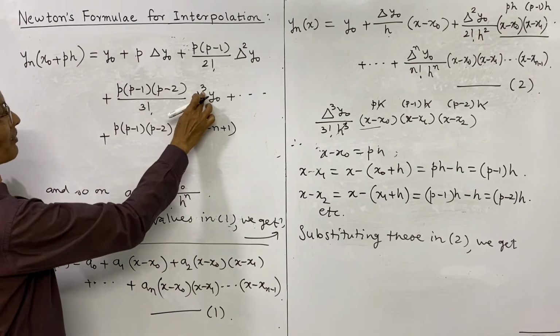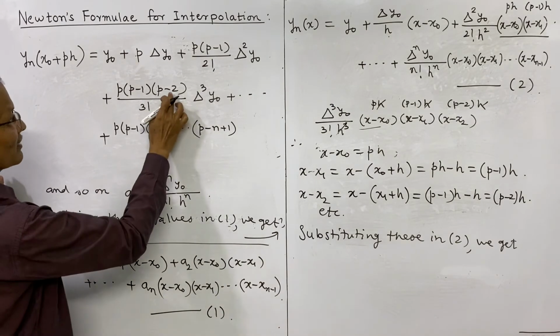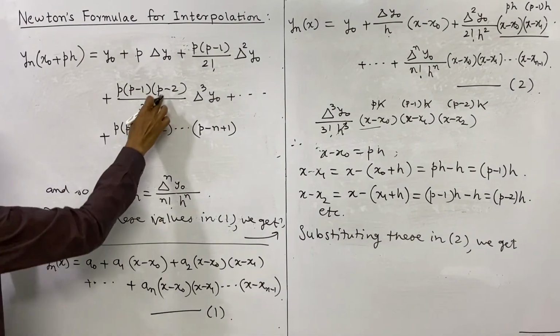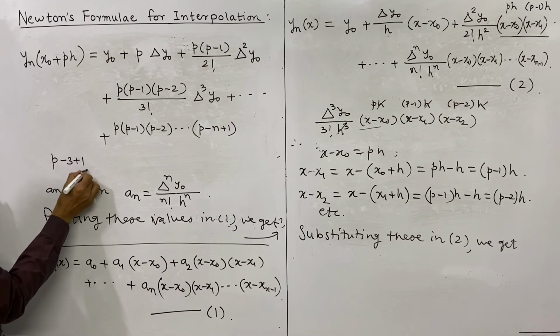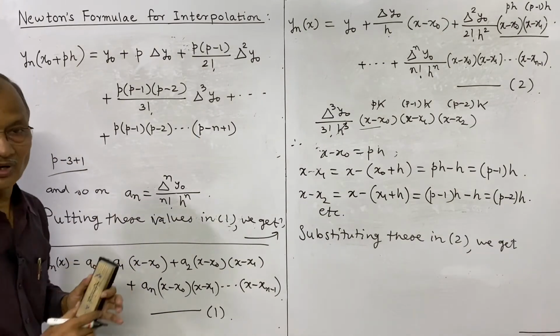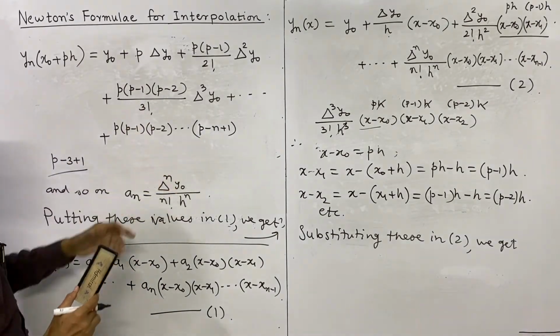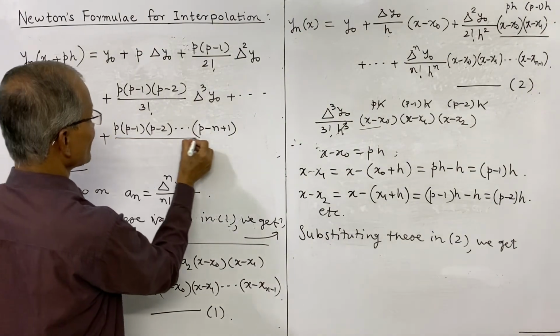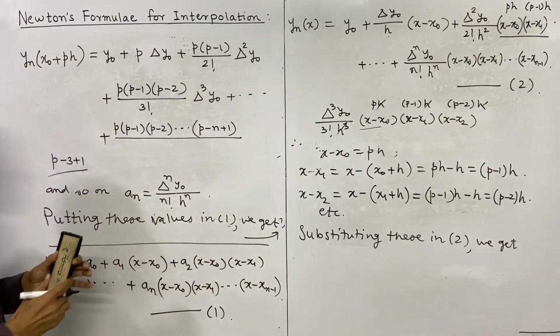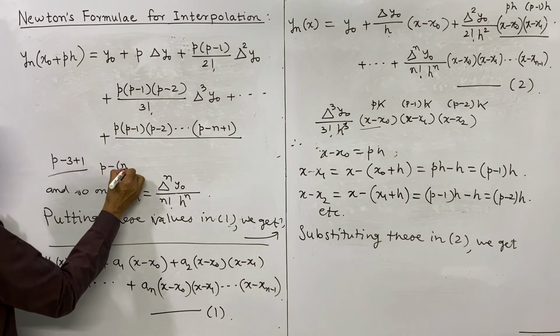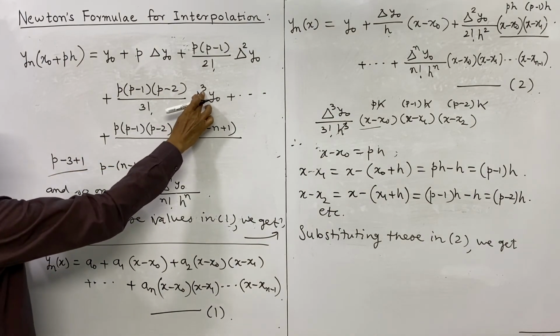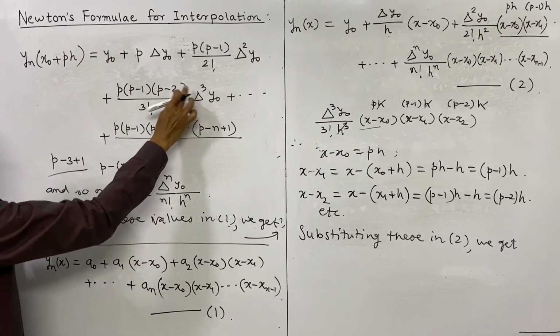Here for the cubic power, the last factor is p minus 2, which is p minus 3 plus 1. Therefore for the nth power term, we write the last factor as p minus n plus 1. Here for cubic power it is p minus 2, meaning 3 minus 1.